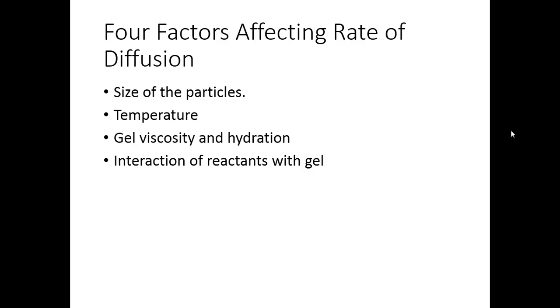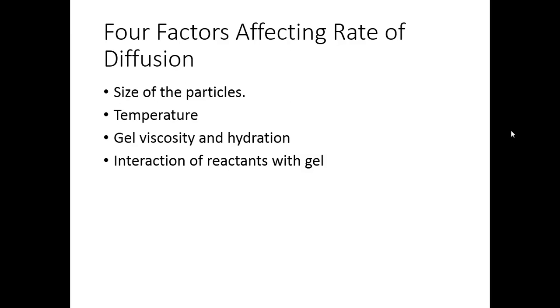There are 4 factors that affect the rate of diffusion, most of which make sense to us. The size of the particle: we've seen this before, larger particles diffuse slower. We saw that when we looked at the electrophoresis of immunoglobulins.